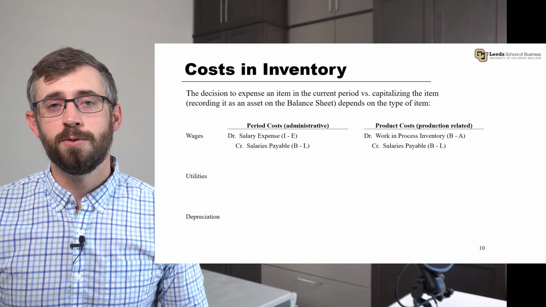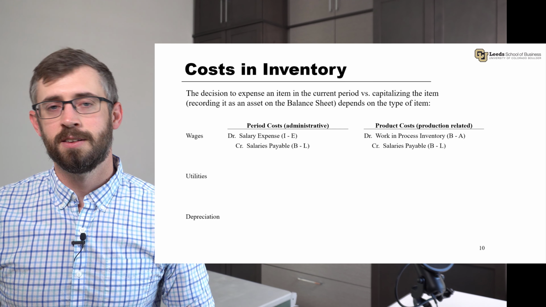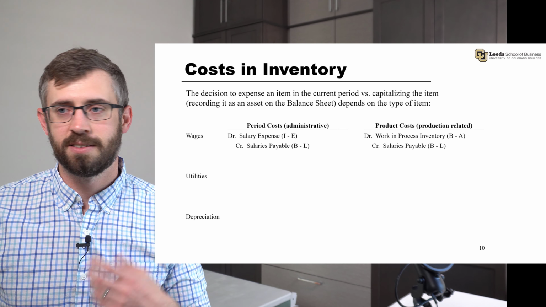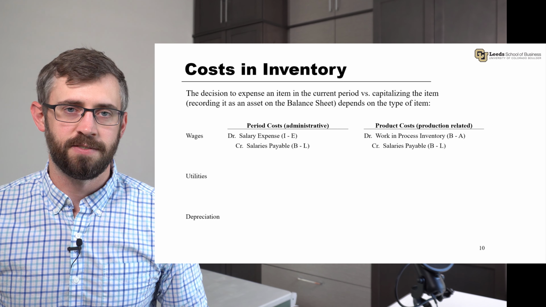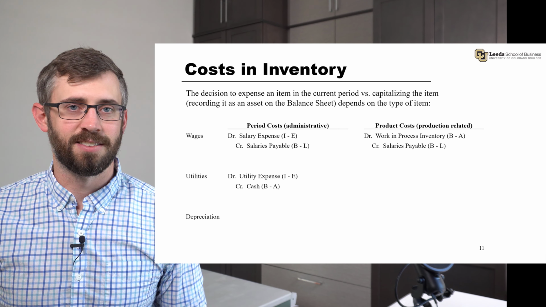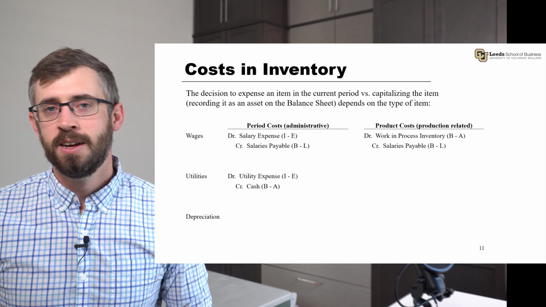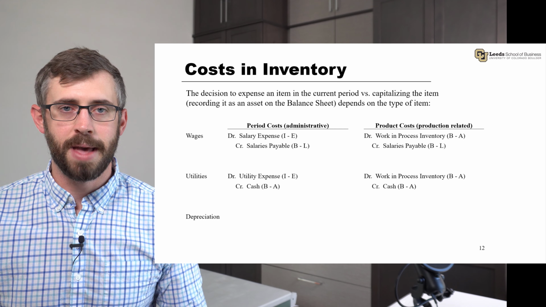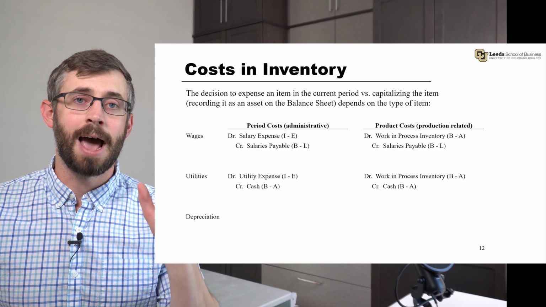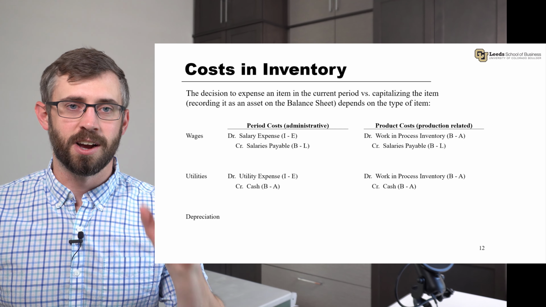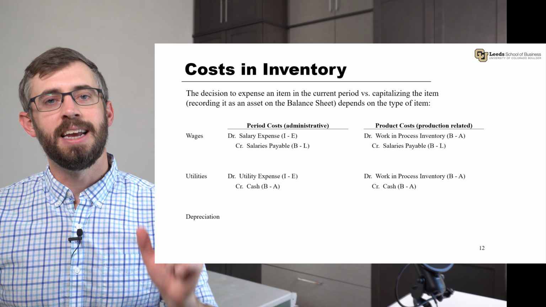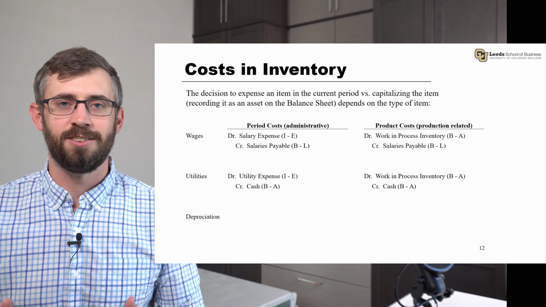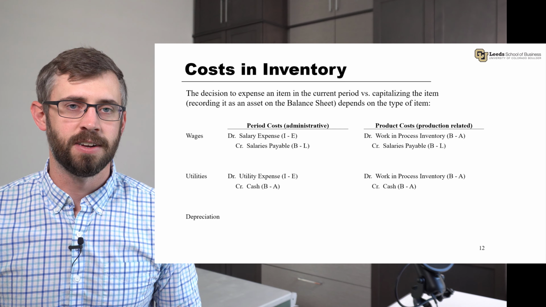We see the same thing with utilities. If it is a utilities cost for, say, our firm headquarters that does general and administrative type stuff, it gets expensed as incurred as a utilities expense. If there are utilities costs related to our manufacturing plant where we make our inventory, we debit our inventory asset again. So we are capitalizing these costs into inventory because the utilities are related to the production of inventory.